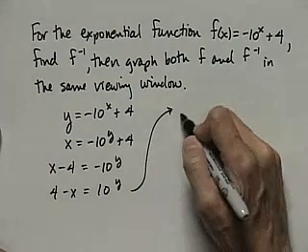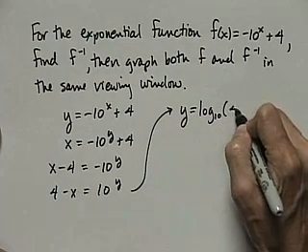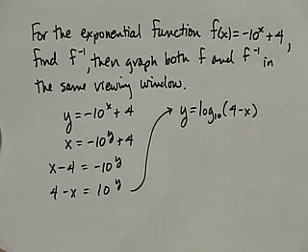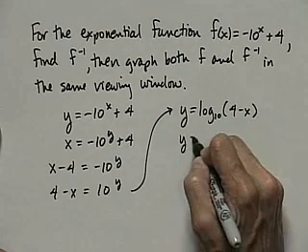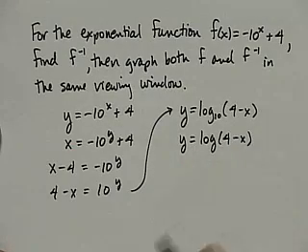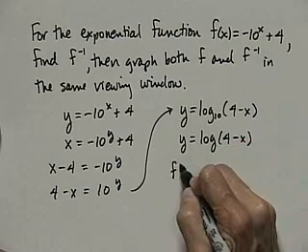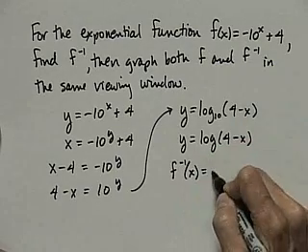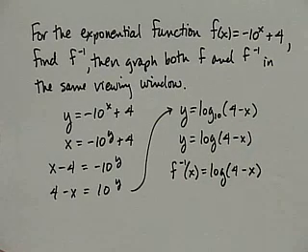We write that y equals log base 10 of 4 minus x. It's common to write a log base 10 without writing the 10, just writing the letters log. Now this is the inverse of f, and so I need to indicate that by writing f inverse of x equals log(4 minus x).